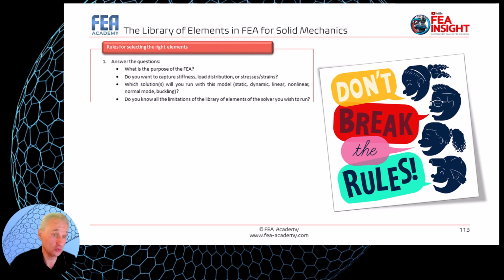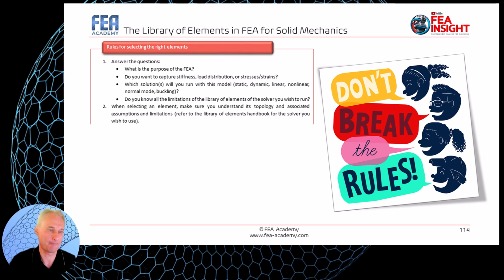Another rule is, do you know all the limitations of the library of elements of the solver you wish to run? In other words, do you know your library of elements? And maybe if you change your solver, there are differences between the libraries of elements. So make sure to read the user manual and to see the limitations and the capability of the elements.